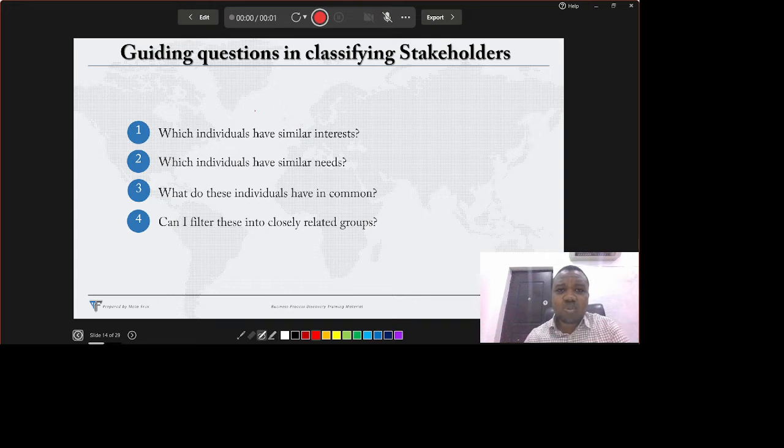Like we considered when we were identifying stakeholders, there are also guiding questions that will help you to classify these stakeholders. Which individuals have similar needs? So, I've interacted with Ayo, Nkechi, Jeanette, Victoria, Wale. Among all of these stakeholders that I've identified, who has similar needs, similar interests?